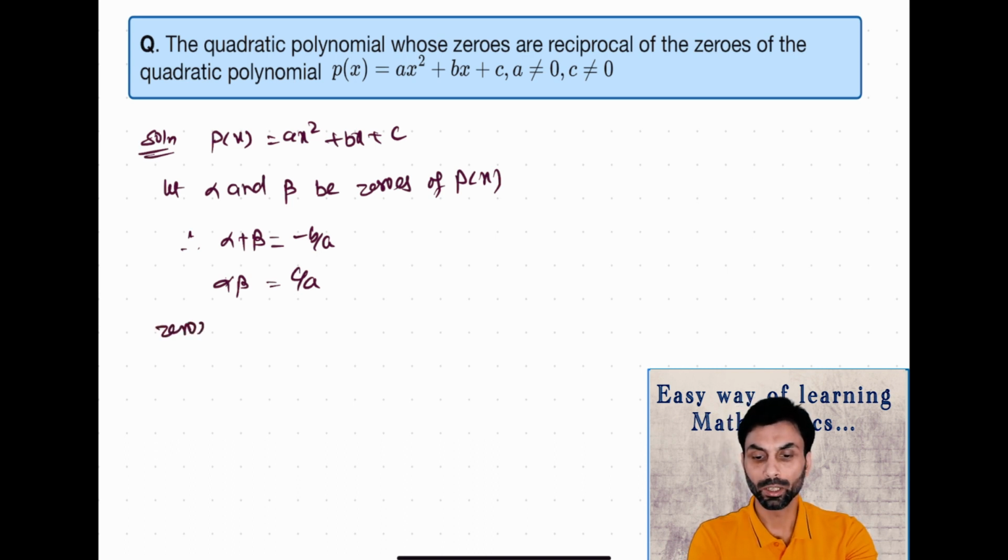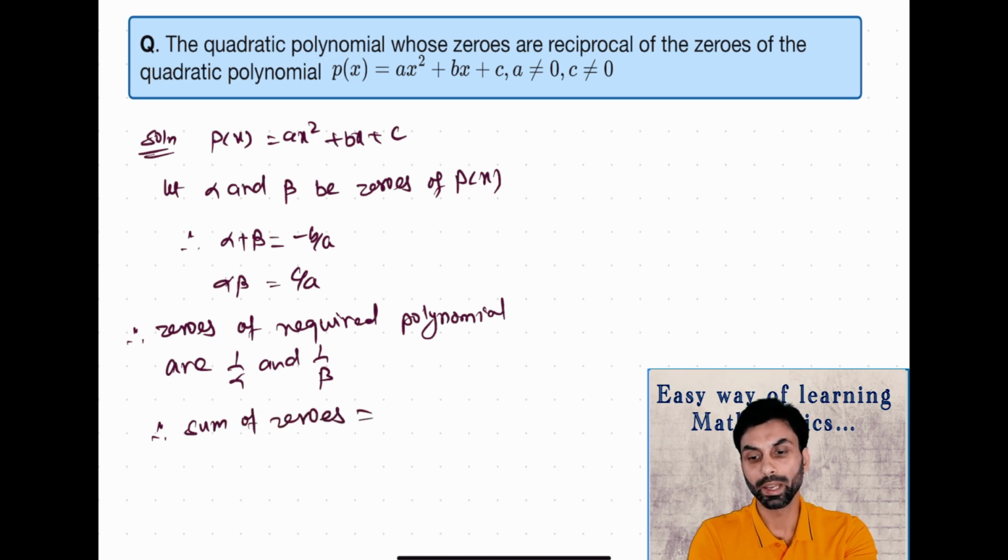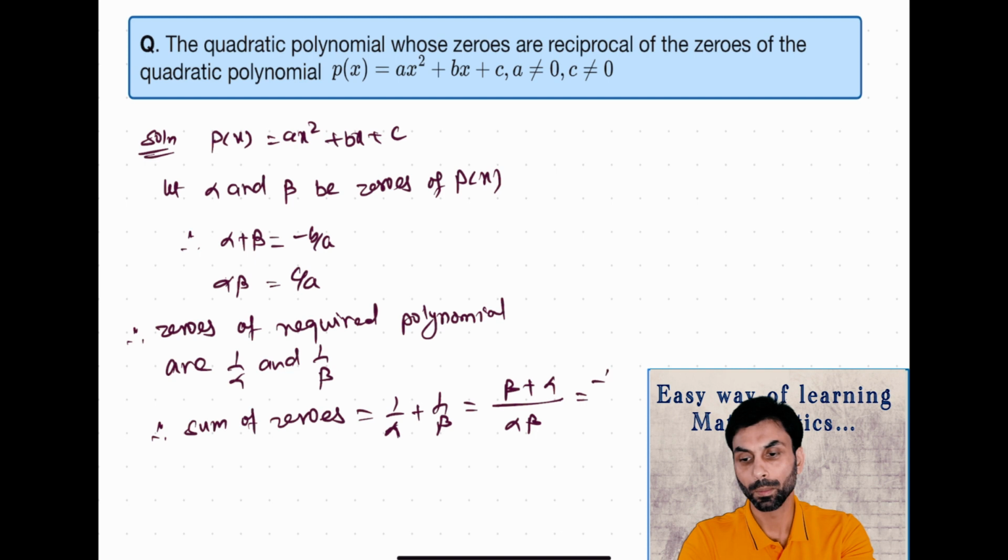So the zeros of the required polynomial are 1 by alpha and 1 by beta. From here, the sum of zeros will be 1 by alpha plus 1 by beta, which will be (beta plus alpha) upon alpha beta, which we can write as minus b by a upon c by a.